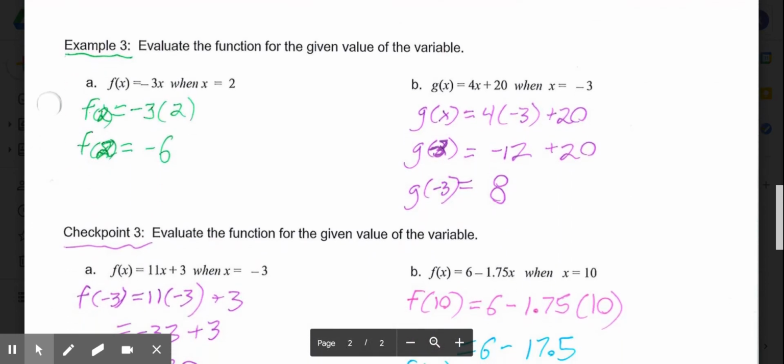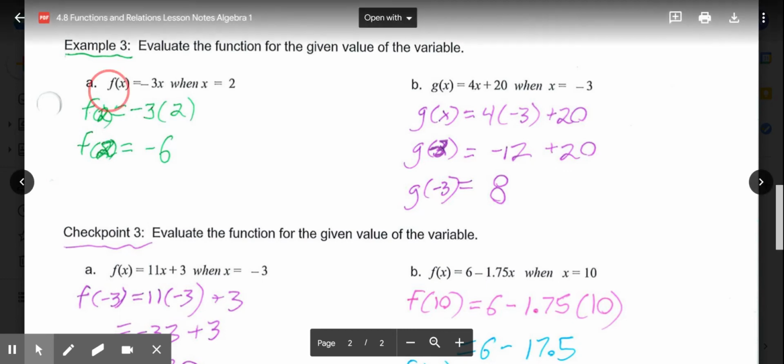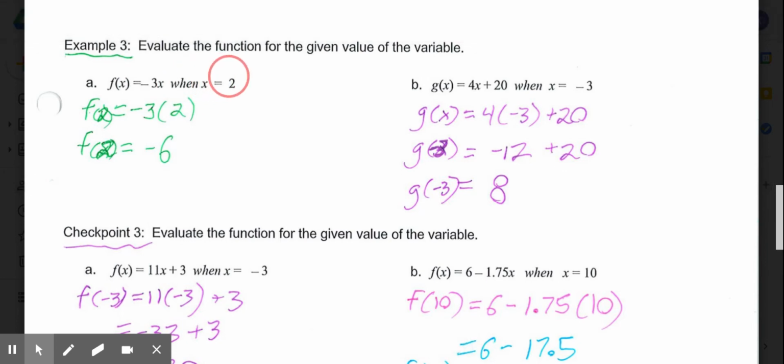Now into example 3, evaluating the function for the given value of the variable. So our first function is f of x equals negative 3x, and we're evaluating when x equals 2. So we are going to substitute a 2 in for x.